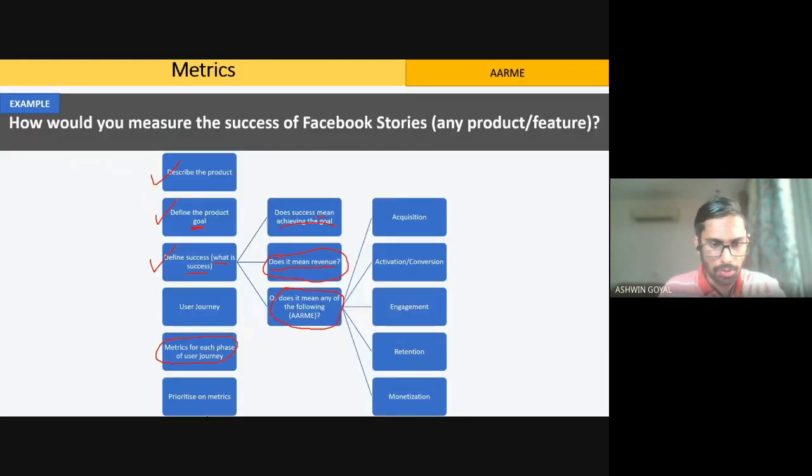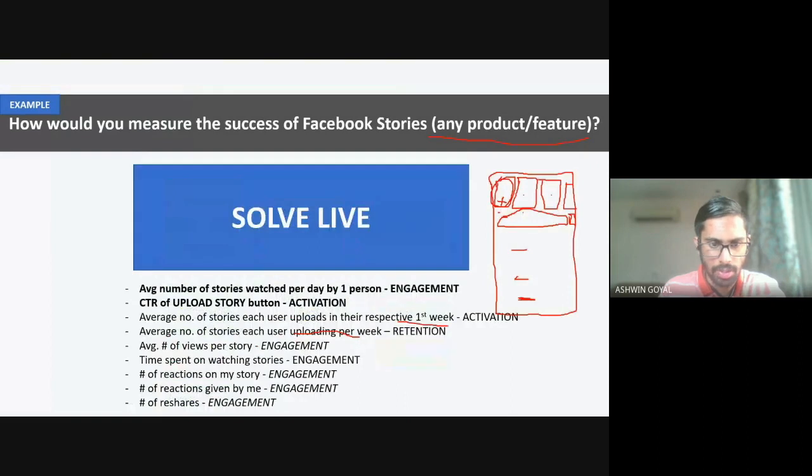Okay, so we've listed down these metrics. Now we can prioritize. Let's say this is the best metric, I'll say this is the focus metric. Then I'll say this is my L1 metric. Even time spent can be a good metric, or let's say average number of views per story is a good metric.